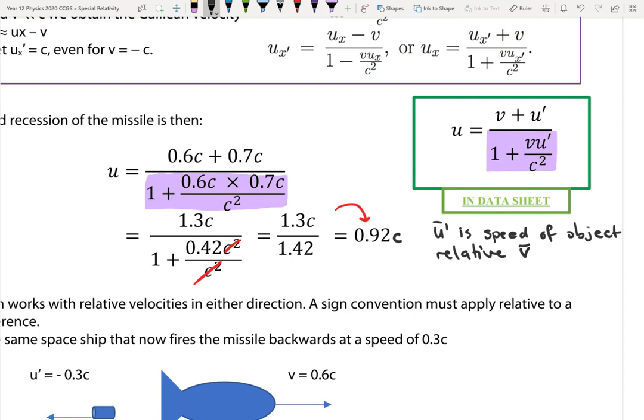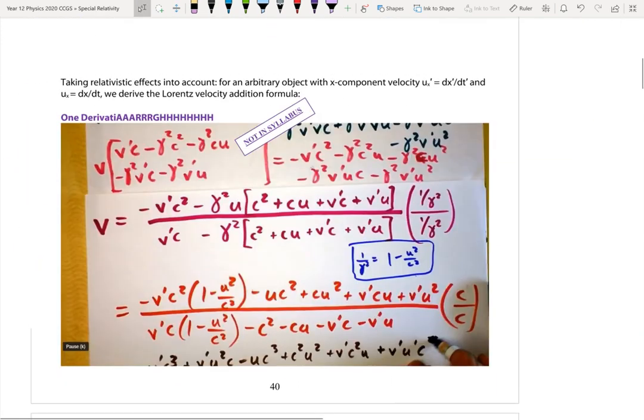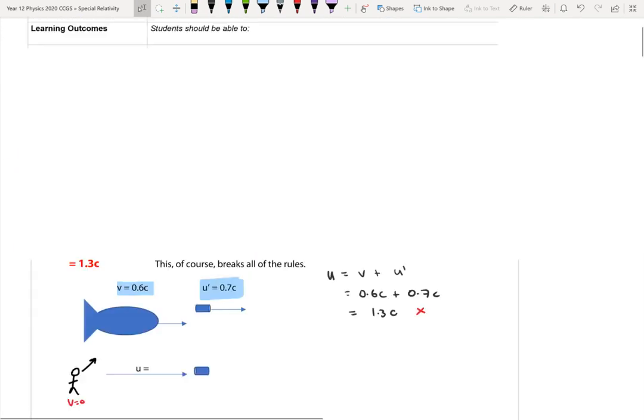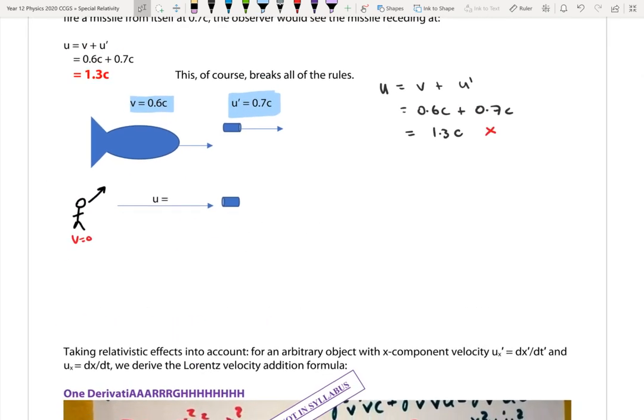Now, we need to assign a convention. Let's try something else. Let's go back to the original diagram, because we've got some room on the page here. We'll do some maths. Let's put a different value.